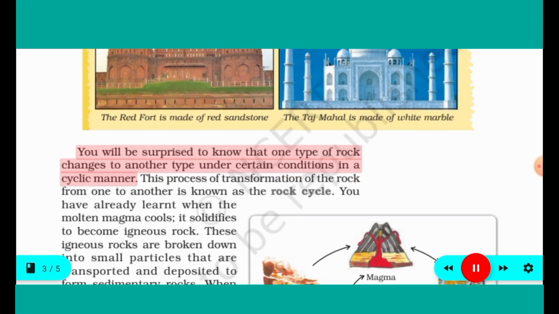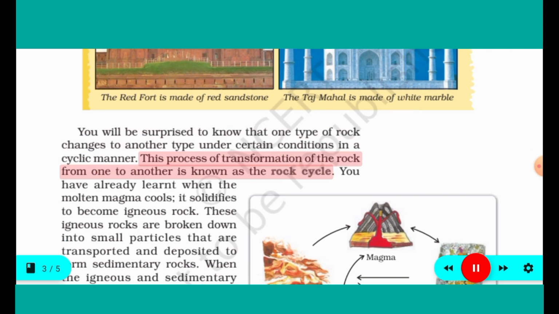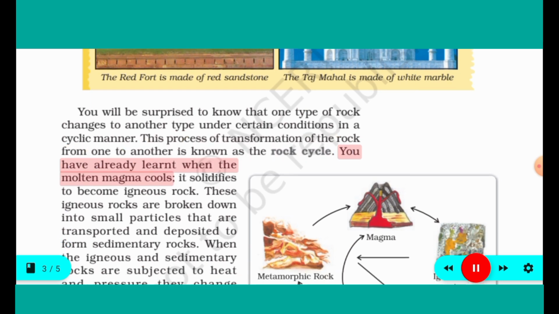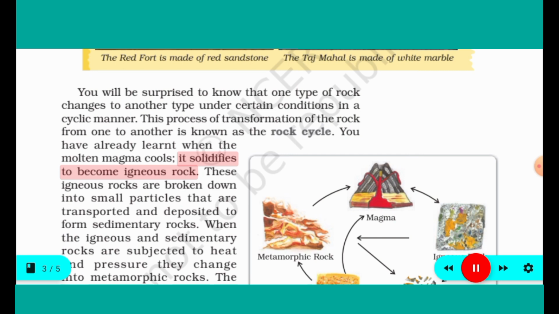You will be surprised to know that one type of rock changes to another type under certain conditions in a cyclic manner. This process of transformation of the rock from one to another is known as the rock cycle. You have already learnt when the molten magma cools, it solidifies to become igneous rock.